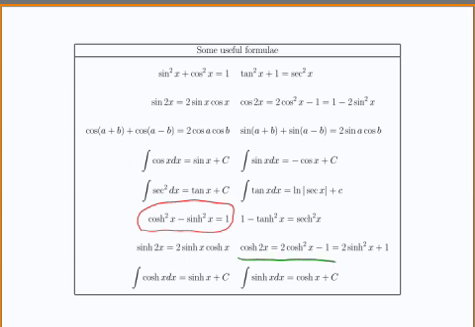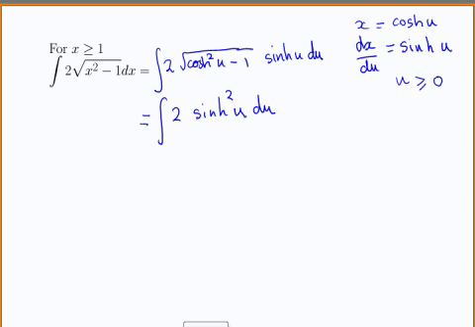Well, we have an identity, cosh 2x is equal to 2 sinh squared x plus 1. So 2 sinh squared x would be cosh 2x minus 1. Back to our integral, which of course has now got u's in it rather than x's, but we can still use that identity to rewrite that as cosh 2u minus 1.